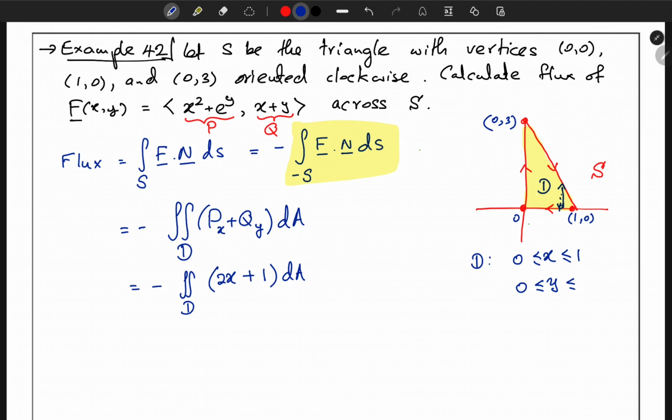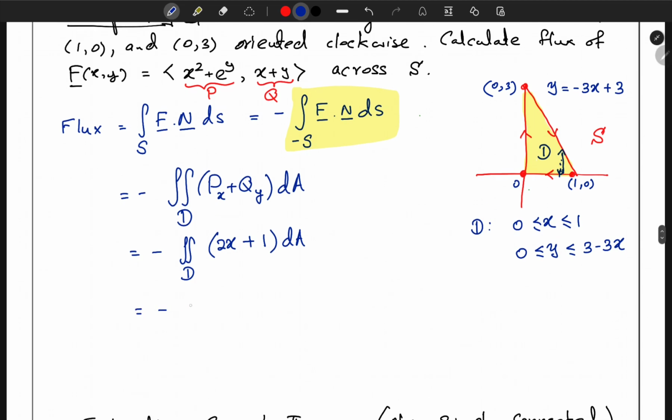It is the line joining (1,0) and (0,3). So it is y equals, the slope is negative 3, the intercept is 3. So it is 3 minus 3x. So the region can be described as x between 0 and 1, and y between 0 and 3 minus 3x.